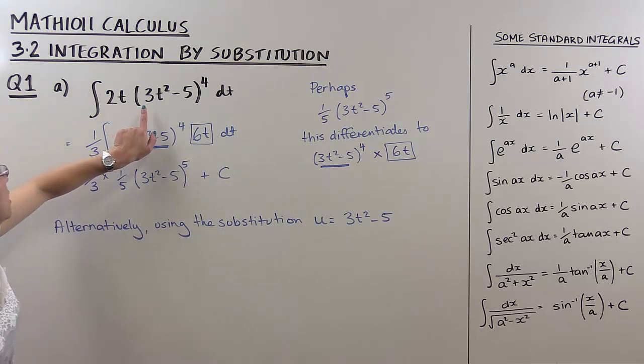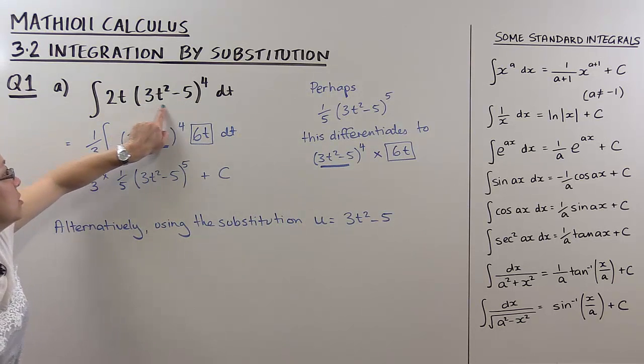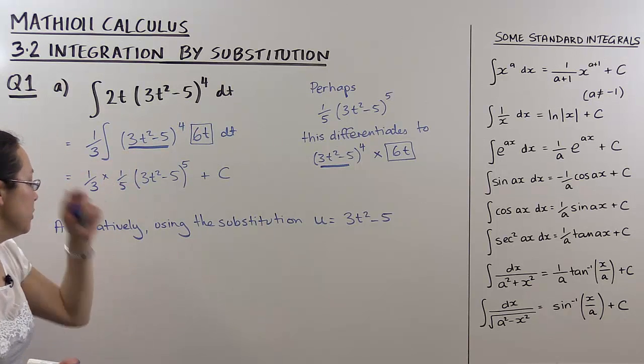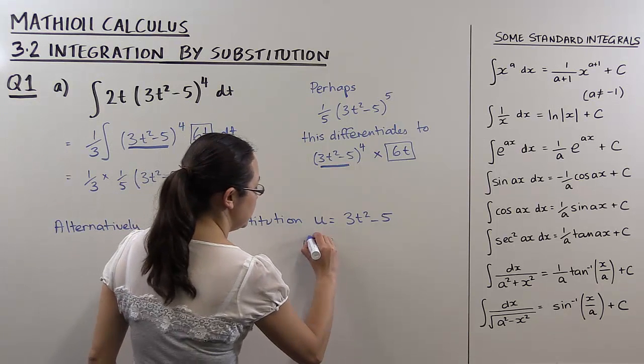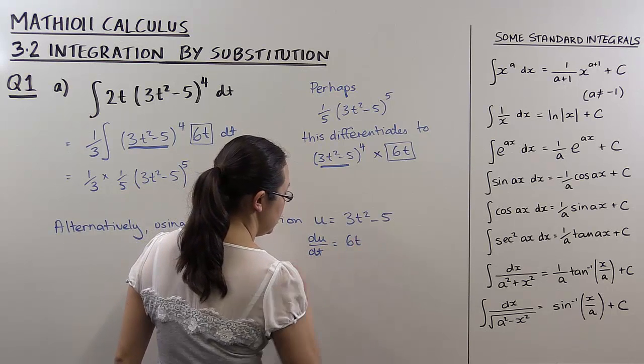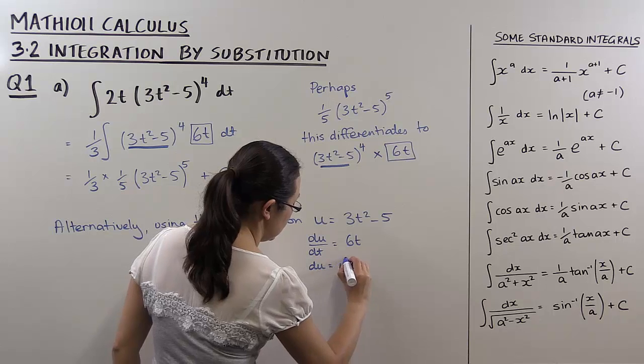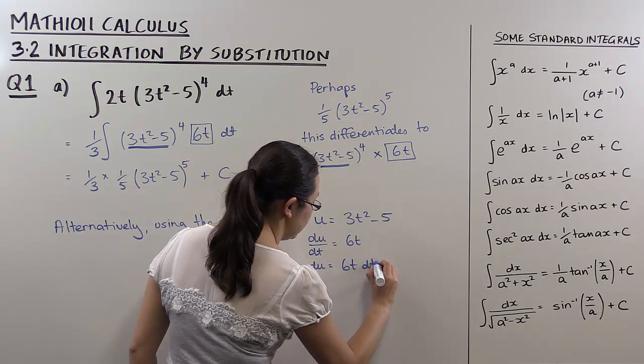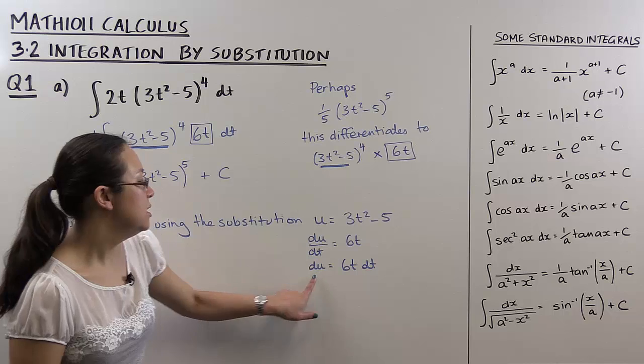So we let u be this function on the inside of this power here. If we use this substitution, then du/dt is going to be 6t, or du is going to be 6t dt. So I need to replace a 6t dt with a du.